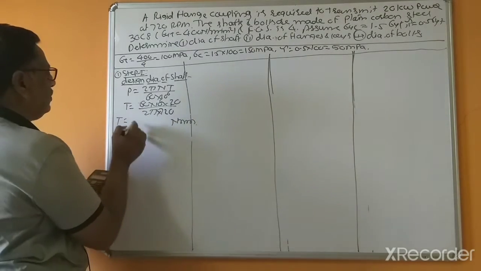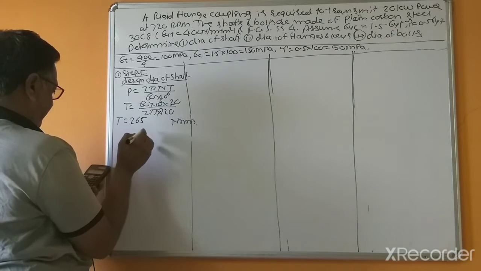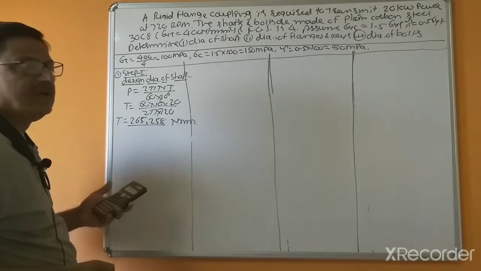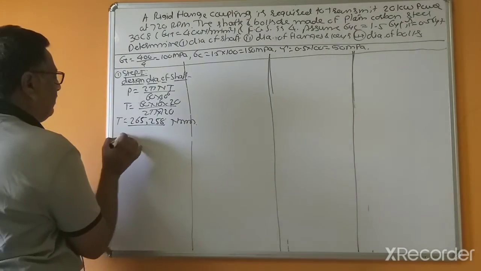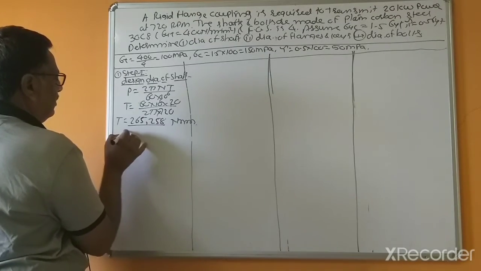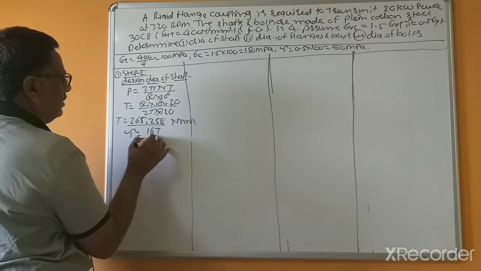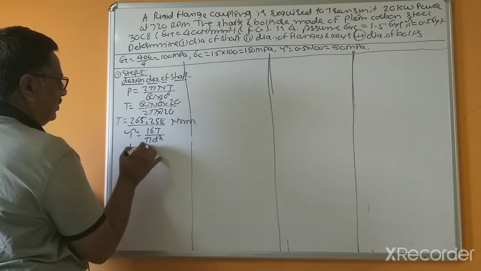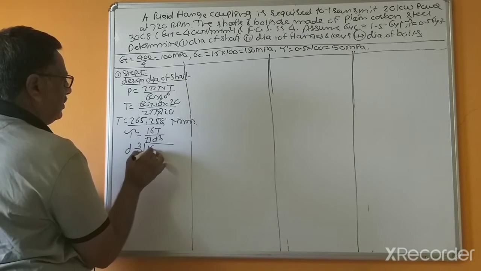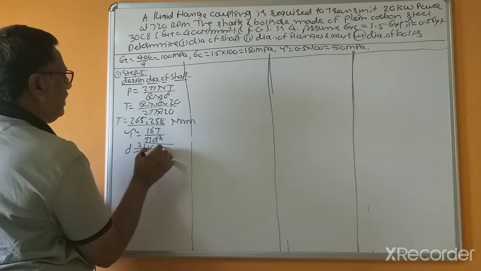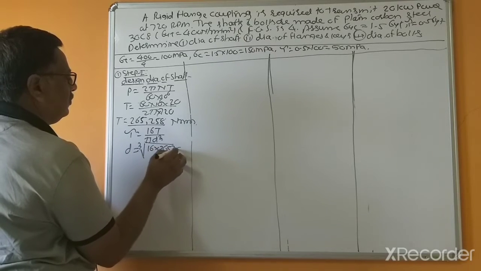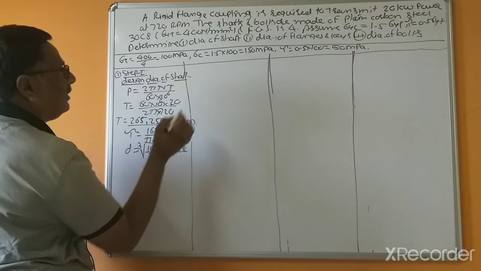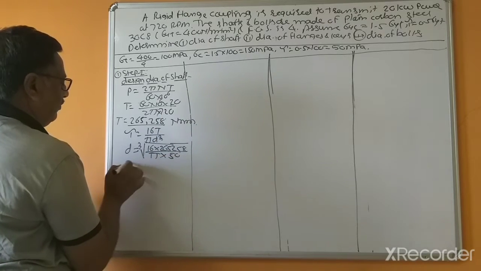Now this is equal to 265,258. By using the formula tau equal to 16T divided by pi d cube, d equal to cube root of 16 multiplied by 265,258 divided by pi and divided by allowable shear stress, which is 50.